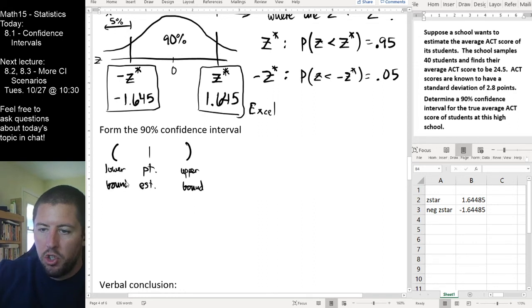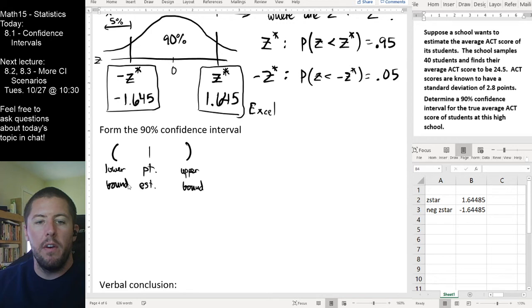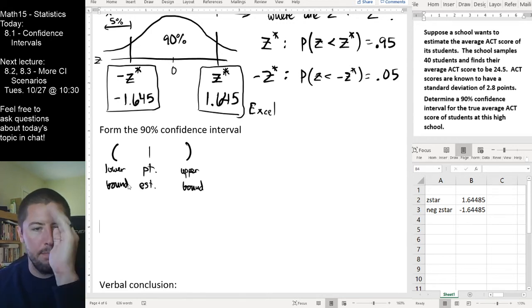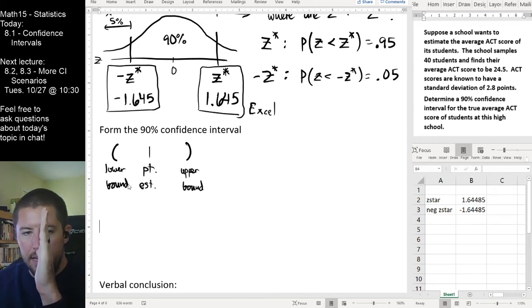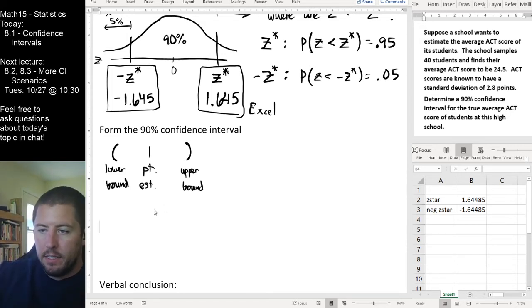This is sort of the structure of all of our intervals. If we're going to form an interval to estimate something, our point estimate is going to go right at the dead center, and then we're going to have an upper bound and a lower bound. The distance from the point estimate to the upper bound and the distance to the lower bound are going to be equal to each other.